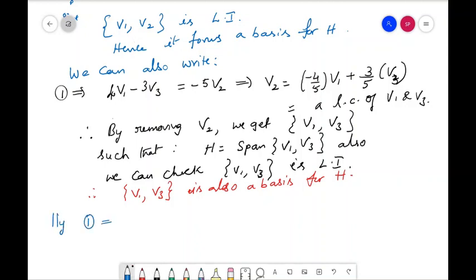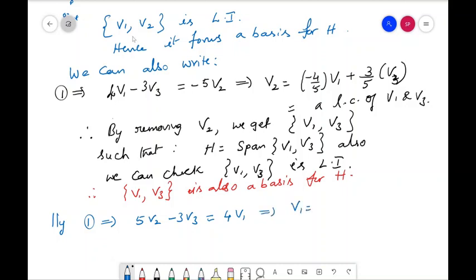And similarly, equation 1 implies we can write 5v2 minus 3v3 is equal to 4v1.